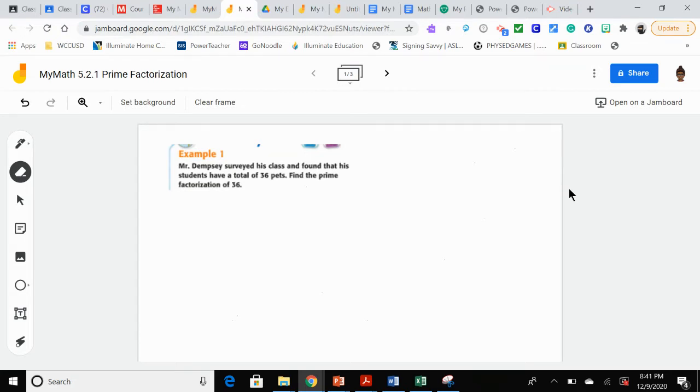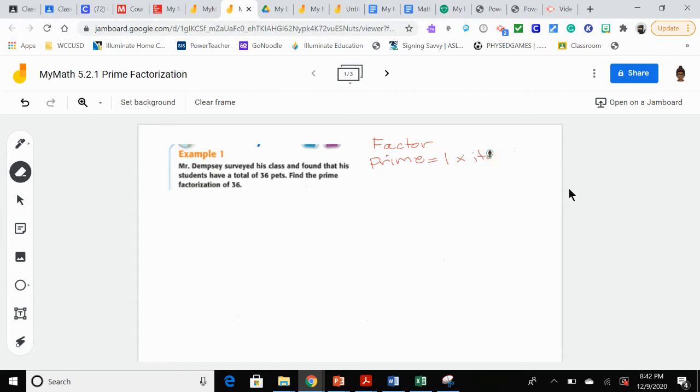Now, factoring, all that is, a factor is one of the numbers that you multiply to get the product, or both of the numbers you multiply to get the product. So that's what a factor is. And a prime number is a number that can only be multiplied or broken down to two factors, one times itself.